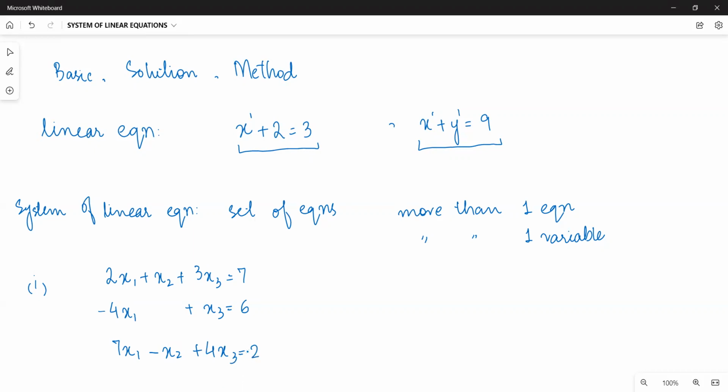This is a system of linear equations. All the variables we see have the power 1. And since we have a group of equations, we say this is a linear system.